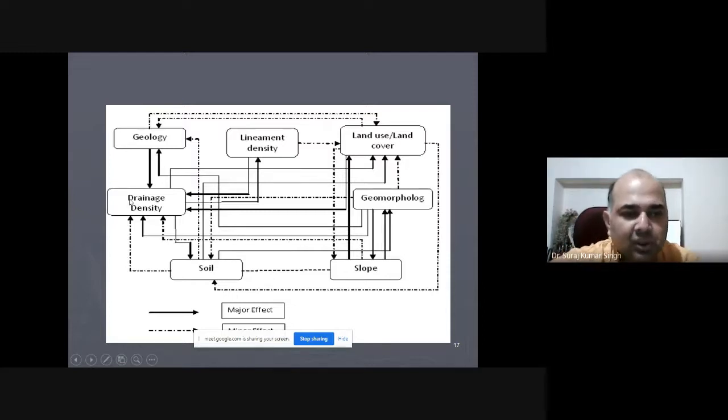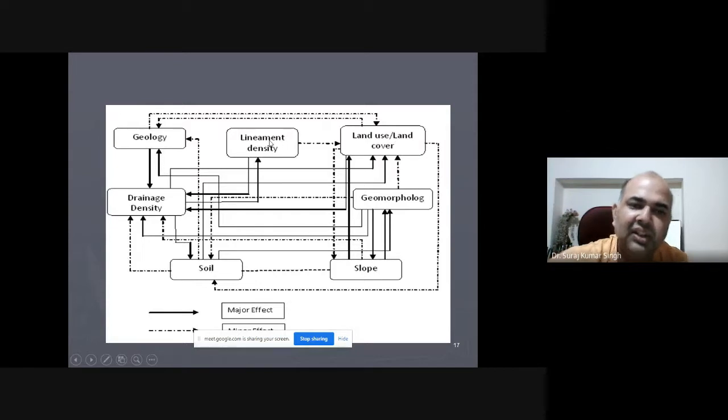We have created an index showing which factor has the major effect and which has the minor effect. We classify it like this: geology has a major effect with drainage density because that has the highest relationship.